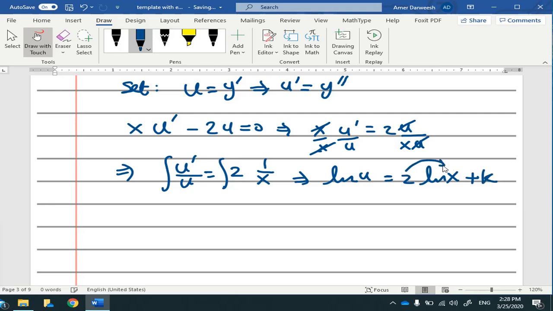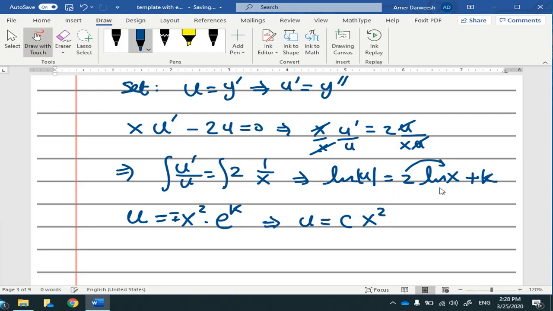Now pull up 2, so it becomes x squared. Take exponential of both sides, so u equals x squared times e to the power k. Of course I have here absolute value, now absolute value with plus minus, and I'm going to call all of this c. So u equals c times x squared.